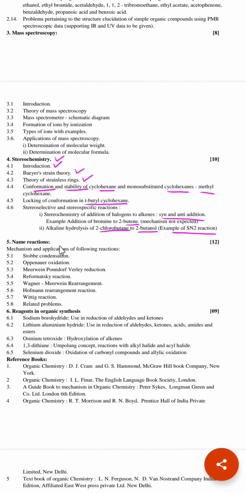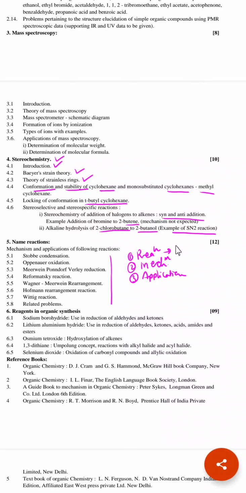Then in name reactions, we are going to see some important reactions in organic chemistry, and in all these reactions mainly we will see the general reaction, then the mechanism of that reaction in detail, and some applications of those reactions.